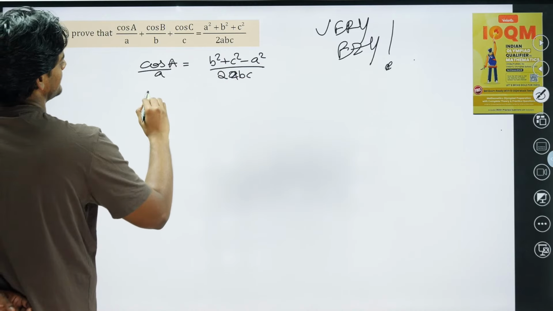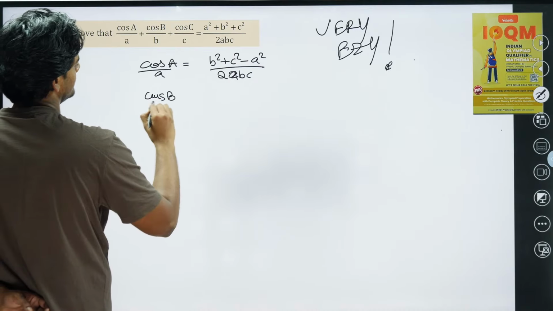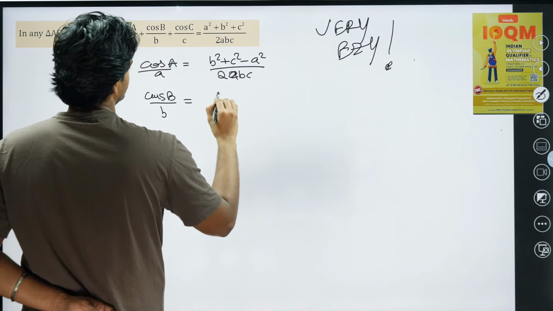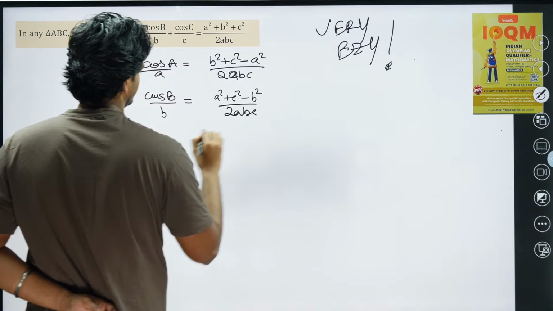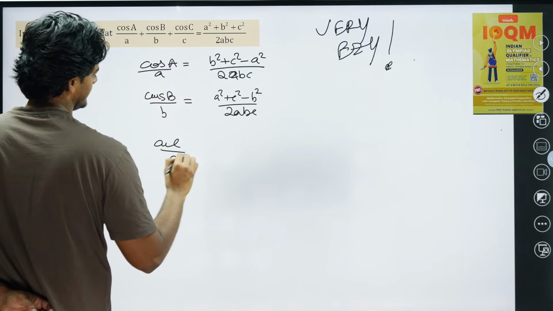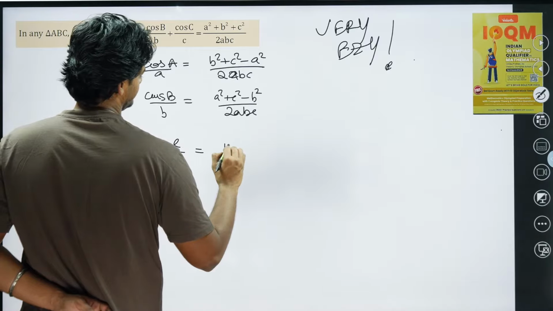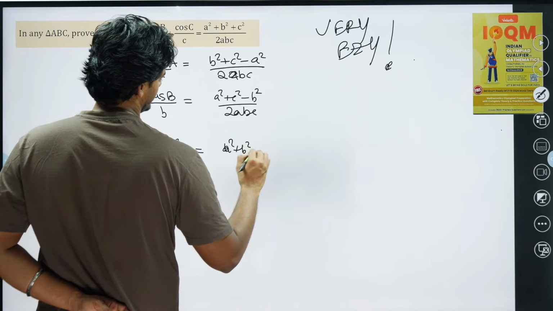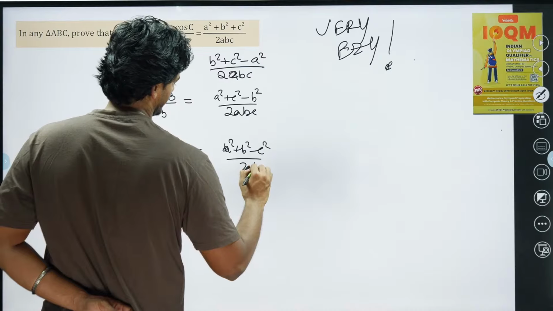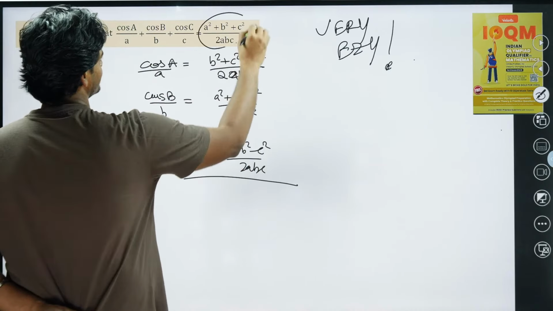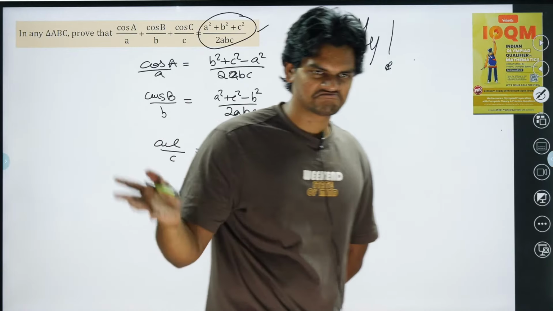Similarly, cos B happens to be (a square plus c square minus b square) by 2abc. Cos C by c happens to be (a square plus b square minus c square) by 2abc. And if you add, it happens to be this. It's very easy. It's nothing.